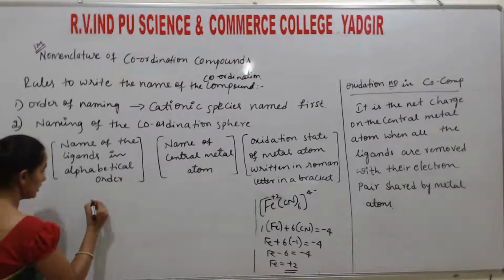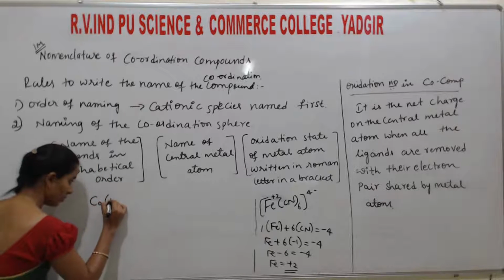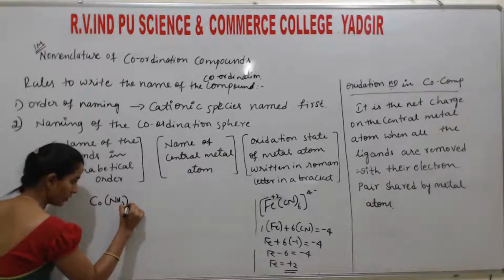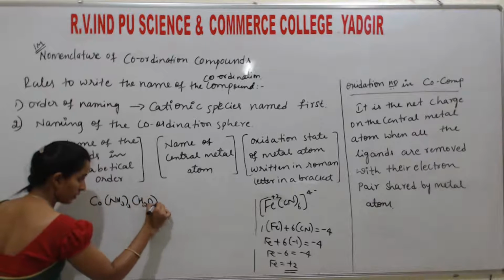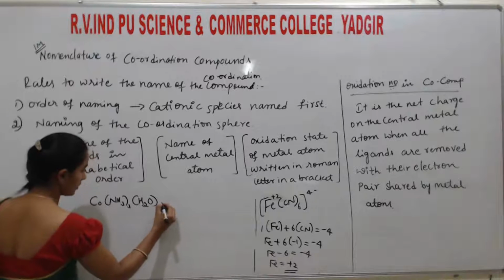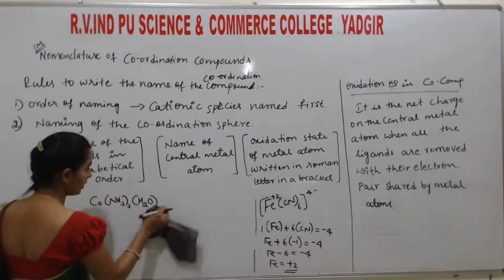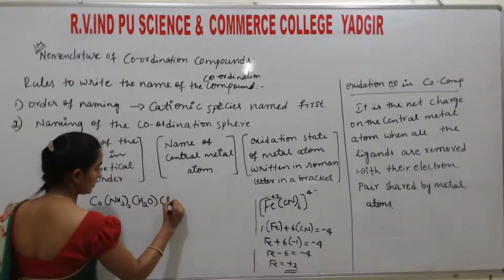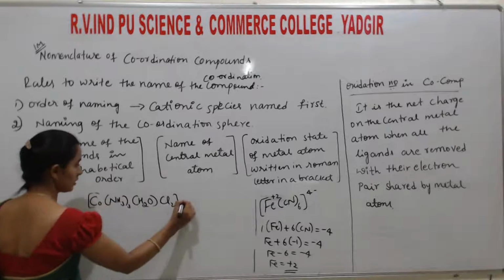So this is Co(NH3)3(H2O)Cl2, with NH3 3 times, H2O 1 time only, and Cl 2 times.